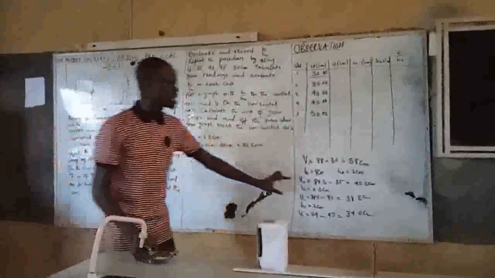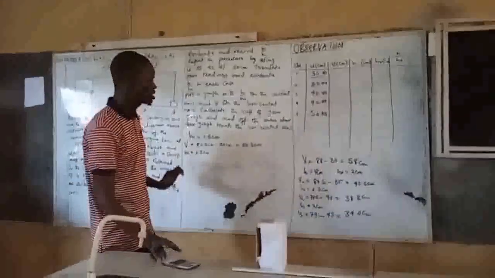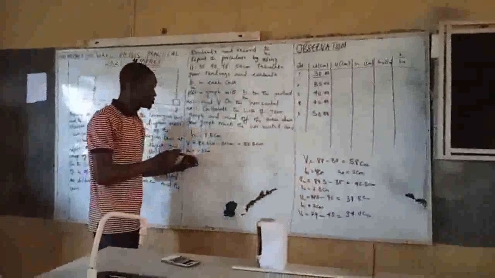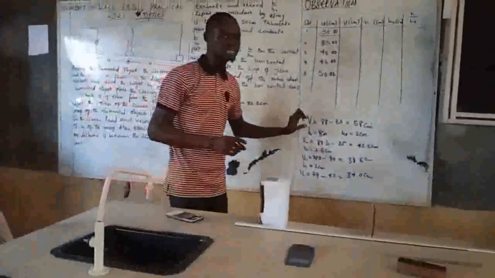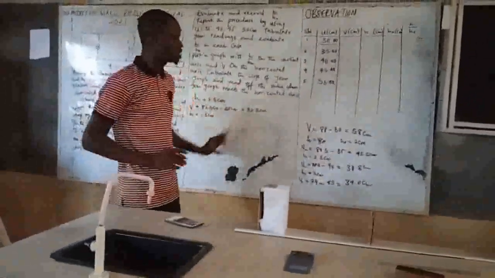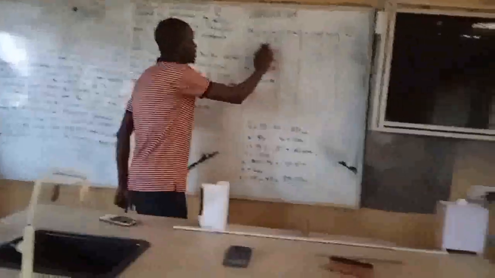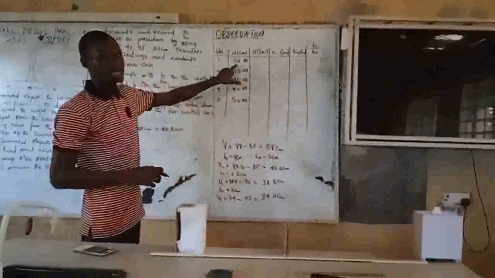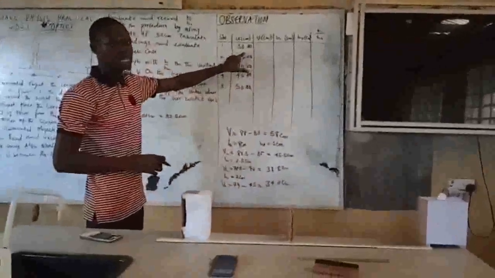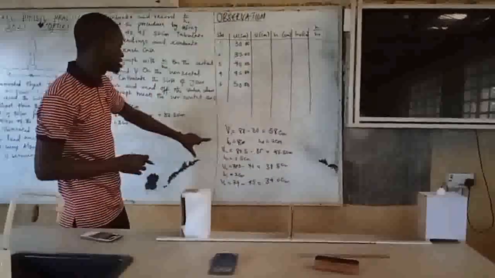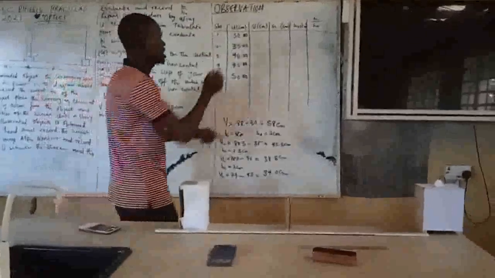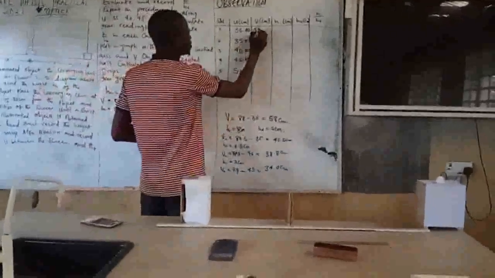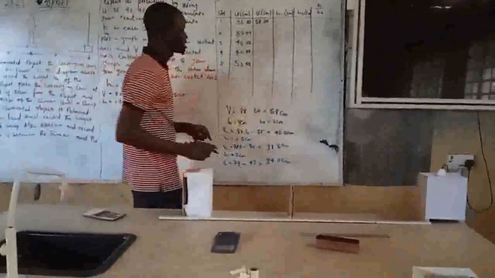Now, from what I've been able to solve here, we'll be able to calculate the image distance at each position of the object. I can easily tabulate it. When the object distance is 30 centimeter, the image distance is 58.00 centimeter.